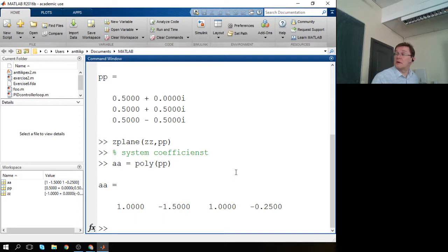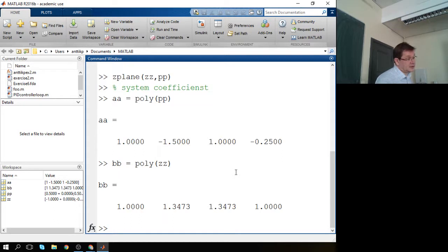I could actually use fixed point precision numbers even on the feedback term. How about B equals the polynomial from the zero points? Ooh, that's not too nice, but those are the ones I got. Those are the system coefficients.